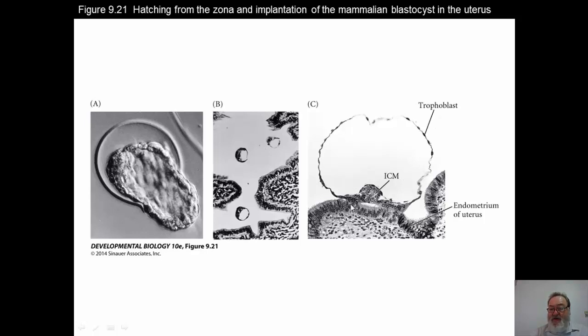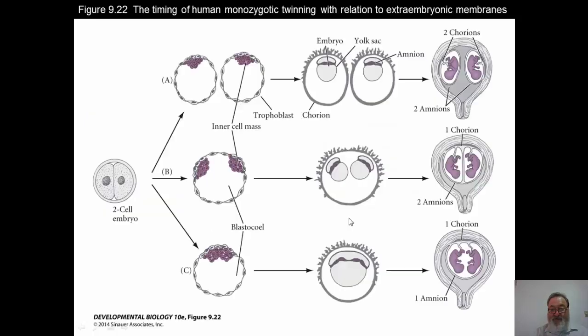And so now that's initially attached, and it will eventually embed into the uterine wall and form the placenta, which will then allow the nutrients to be provided from the mother to the fetus, and the waste products from the fetus to the mother, along with an exchange of oxygen and carbon dioxide.